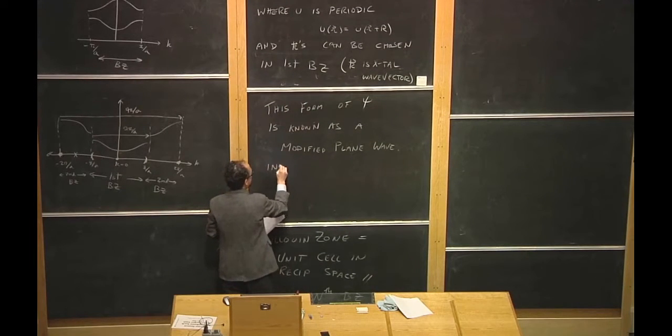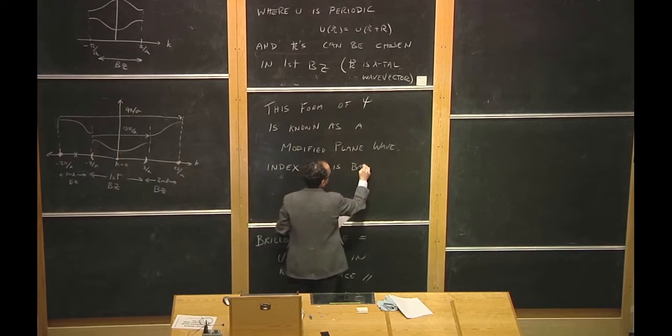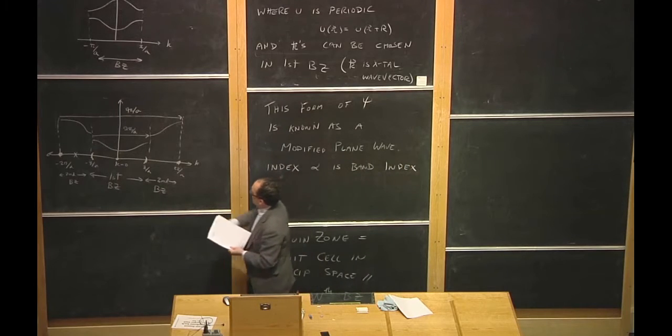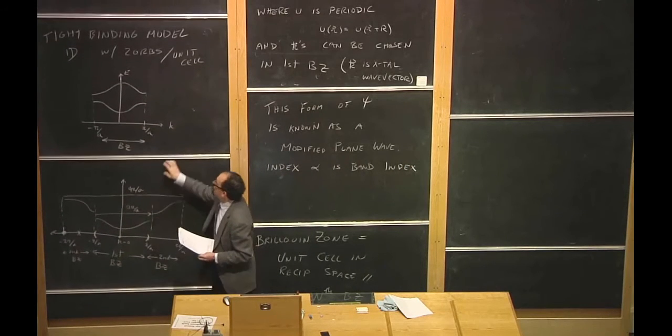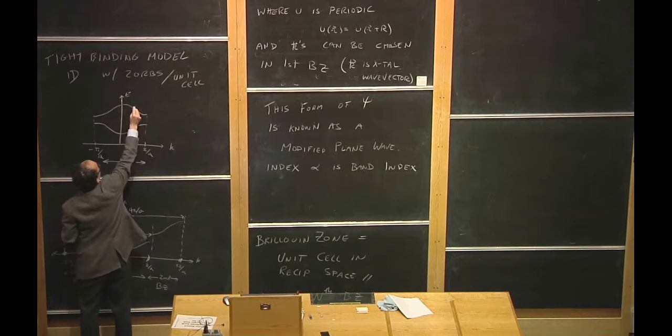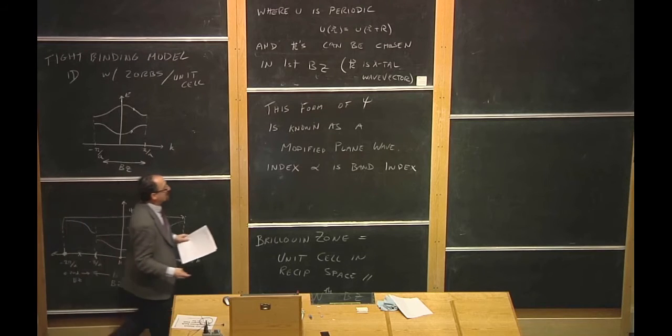The index alpha is the band index. The band index is meant to describe that you get a different wave function if you're talking about this point here or this point here at the same k vector. At the same k vector, you can have more than one eigenstate.